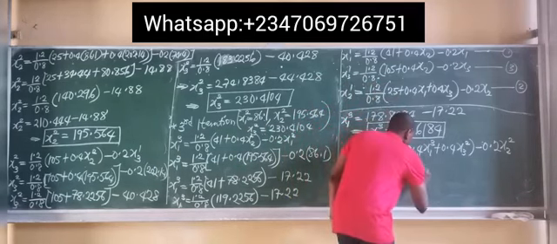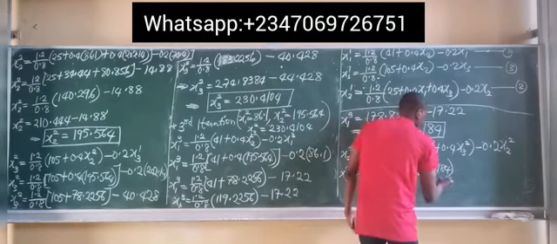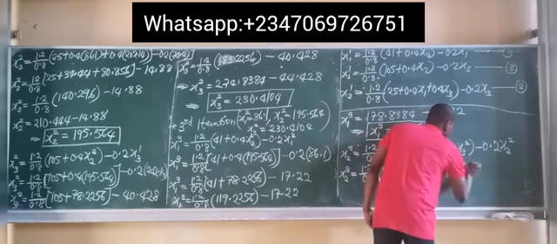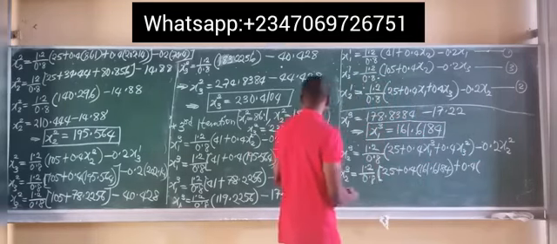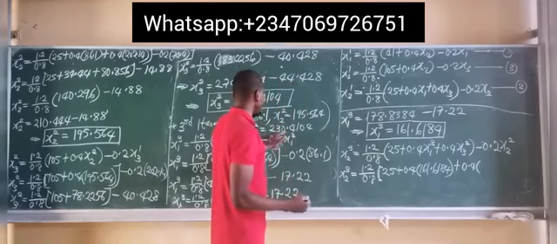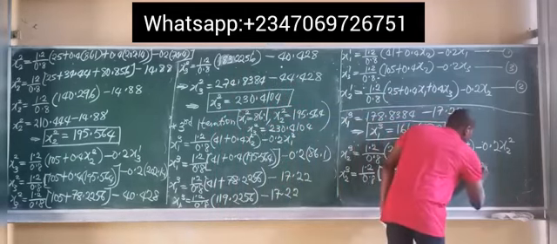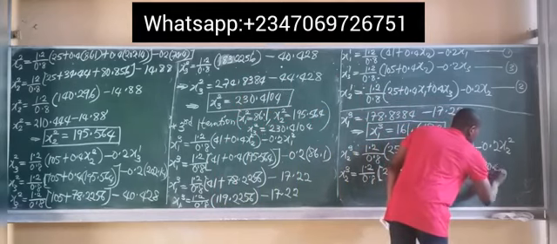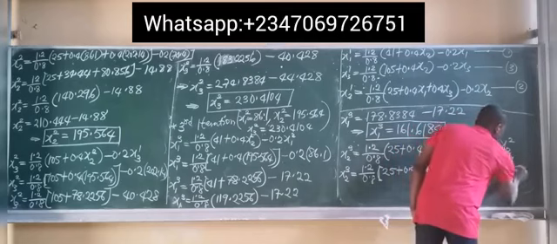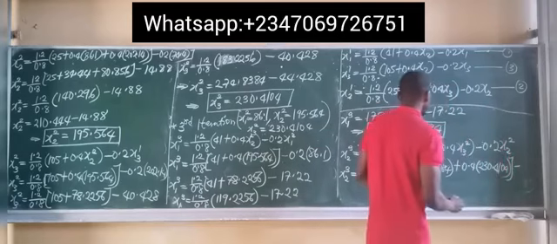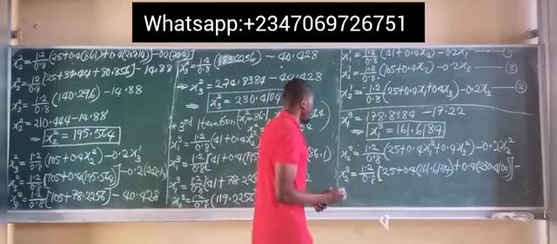You put it down, 161.6184, plus 0.4 times the previous iteration x3 of 2. X3 of 2 gave us 230.4104, minus 0.2 x2 of 2, and x2 of 2 gave us 195.564.